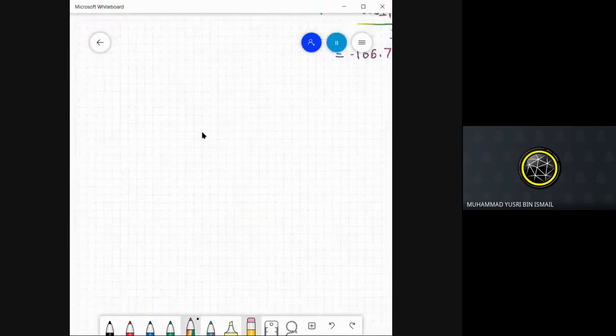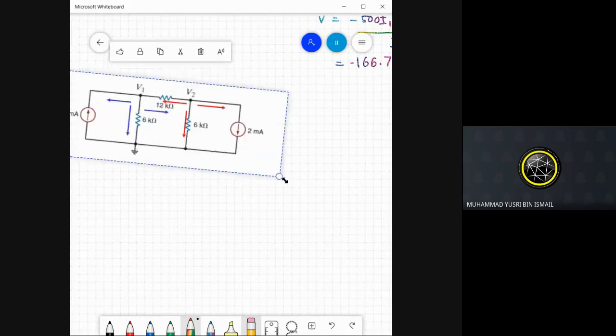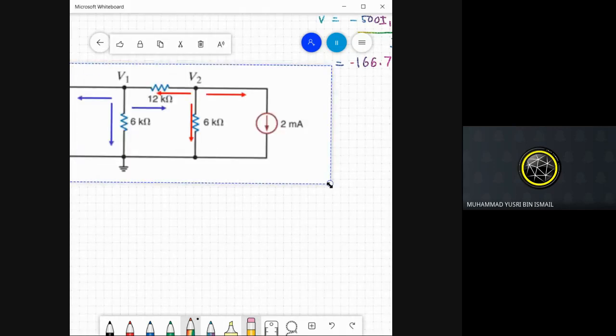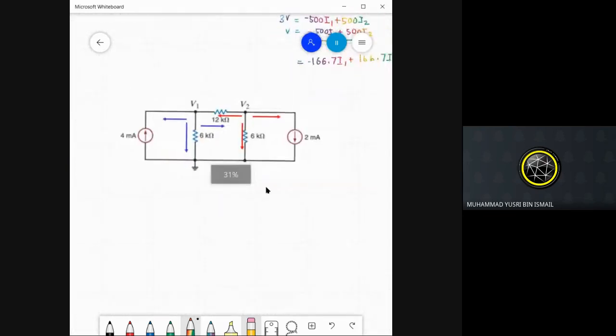I hope you get the concept of the nodal analysis. Now I want you to solve this simple example.